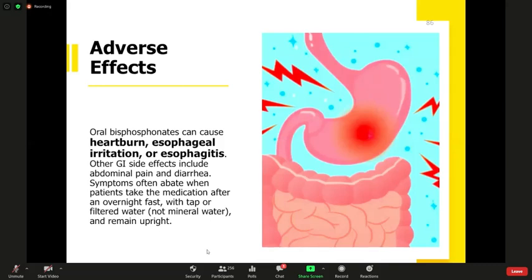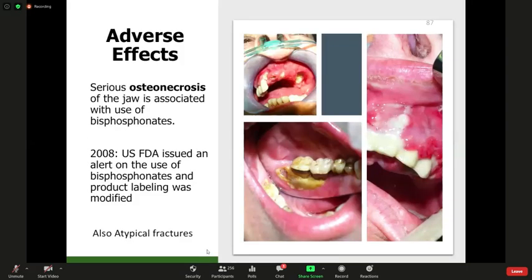Now, the life-threatening and disabling adverse drug reaction, which is the reason why we are careful with using bisphosphonates, is the occurrence of serious osteonecrosis of the jaw. Although it's uncommon, they have seen it in people who have carious teeth, and that's why we need to routinely ask about these problems before we start bisphosphonates.